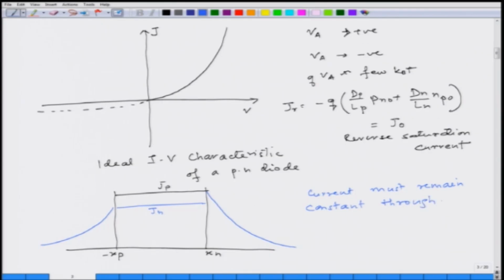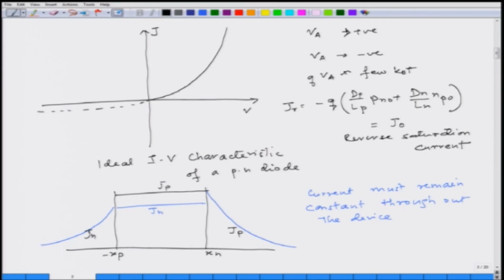So, what is happening? In this region of course, it is constant, and the total is still constant, but here you have J_p which is getting reduced in this direction, and here J_n is getting reduced.